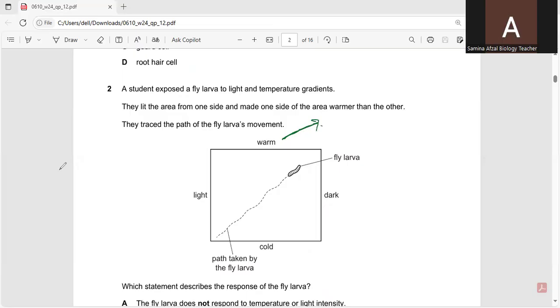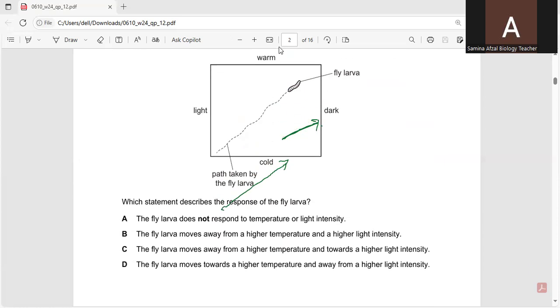They traced the path of the fly larva's movement. So they are moving from the colder region towards the warmer region, which means from low temperature to high temperature, and from high light intensity towards low light intensity.